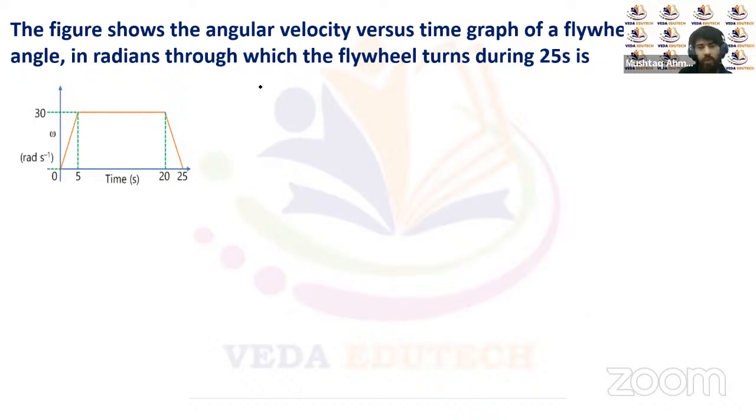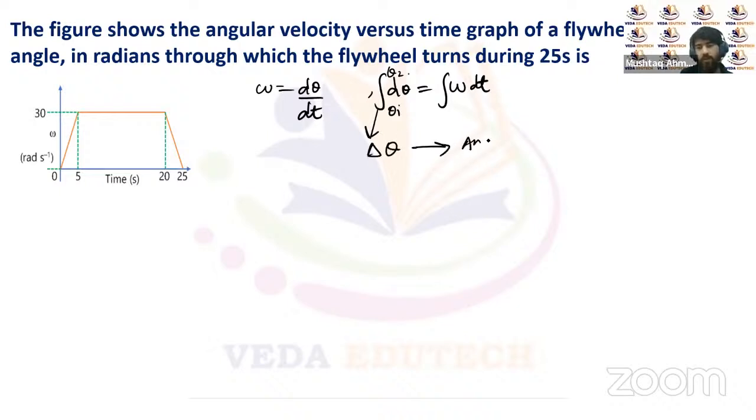Now we know that omega is d theta over dt. So if we integrate both sides, integrating omega with respect to time, theta 1 to theta 2, this is delta theta, the angular displacement.